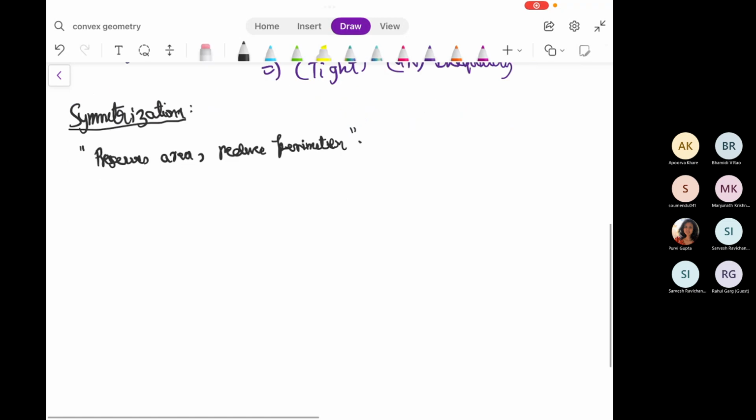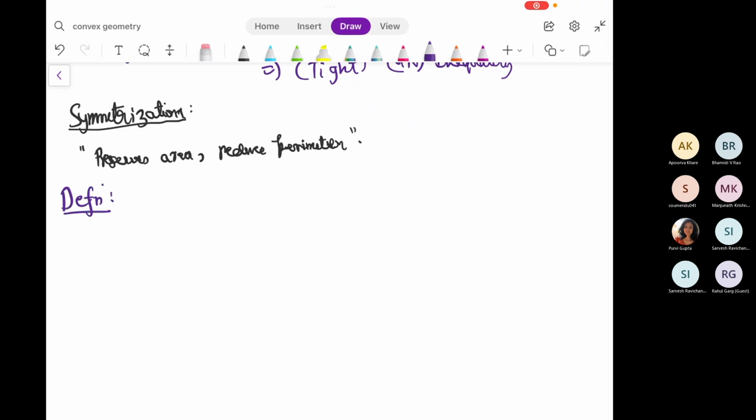Now, let me define symmetrization. In order to define symmetrization, I need a hyperplane or a vector which will act as the object around which I will symmetrize. So let me make the definition.